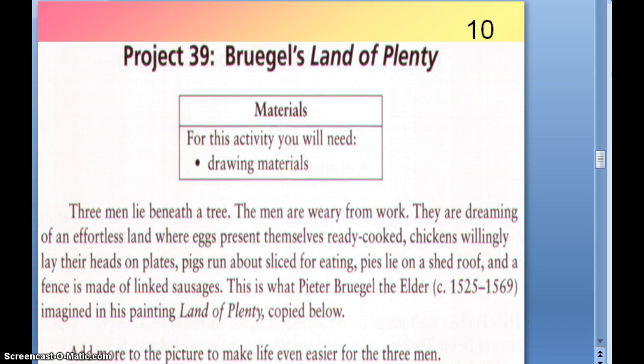Another painting by Peter Bruegel was The Land of Plenty, and it has kind of a story behind it. You can ignore the materials and the last sentence where it says to add more to the picture. We're not going to do that. But the story behind it is 3 men lie beneath a tree. The men are weary from work. They are dreaming of an effortless land where eggs present themselves ready cooked.